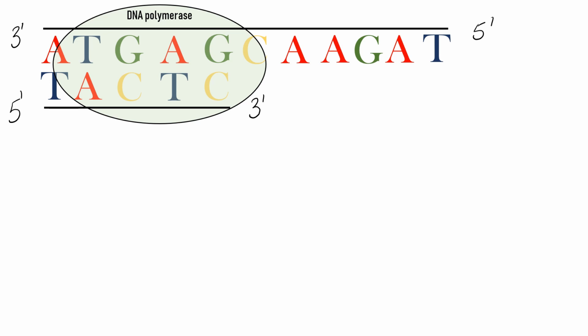Let us assume that we have designed a pyrosequencer in such a way that our machine will be adding A first and then T, then G and then finally C in a sequential manner, and this cycle will be repeated again and again, and we want to see which of the 4 nucleotides that we are going to provide this DNA polymerase is going to accept.